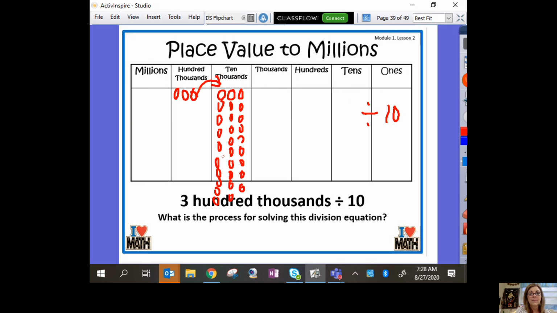We're going to break this up, and now we have 1 10,000, 2 10,000, 3 10,000s.